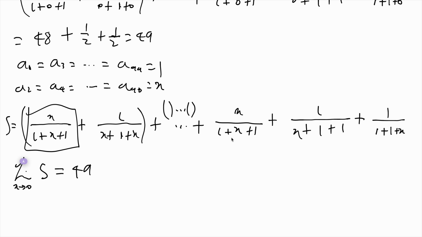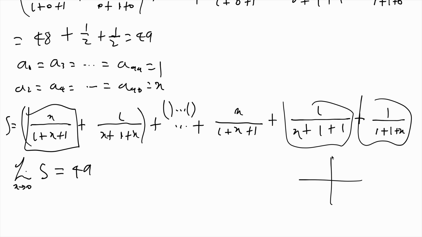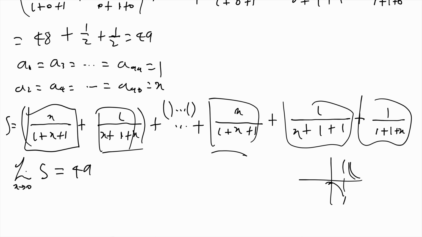This is continuous. We could actually graph this, and similarly, these two we can graph like this. So this is continuous at x equals 0. This one and this one, are they continuous?